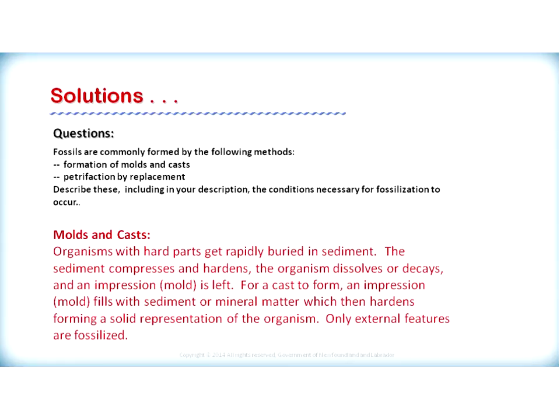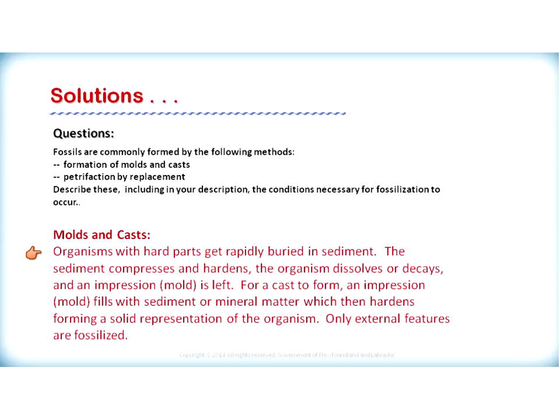If we look at a mold and cast, mold and cast forms when organisms with hard parts get rapidly buried in sediment. The sediment compresses and hardens, the organism dissolves or decays, and an impression, which is called a mold, is left behind.